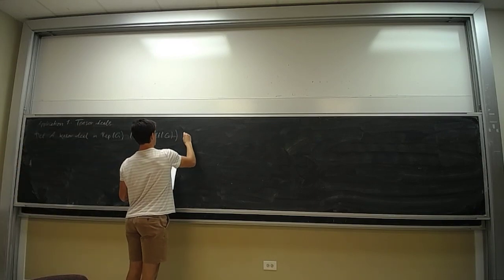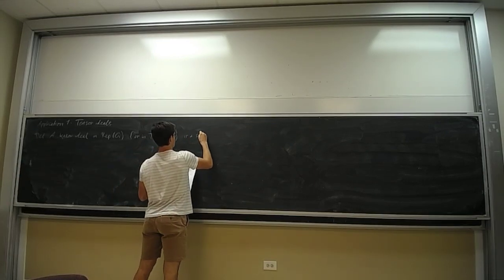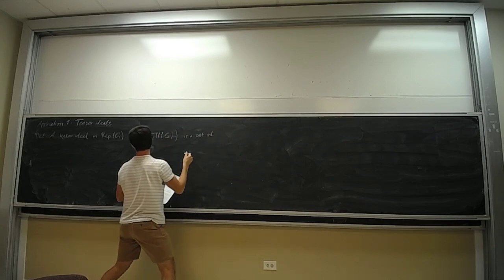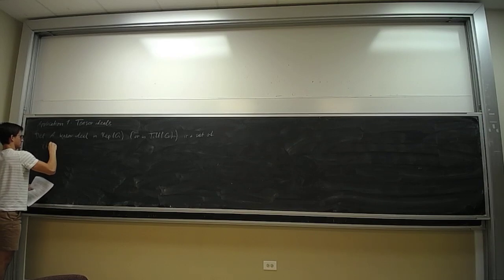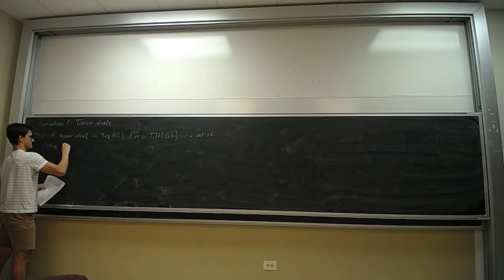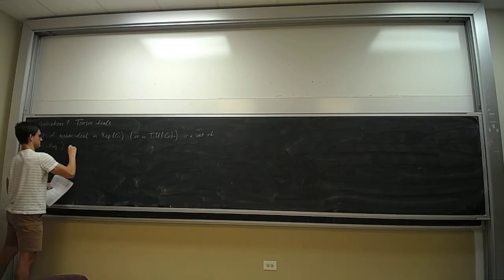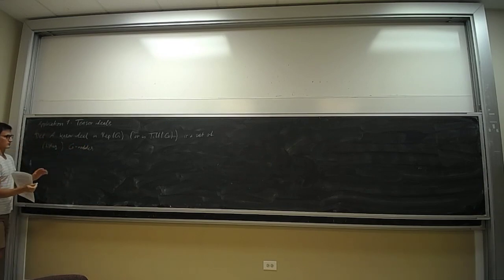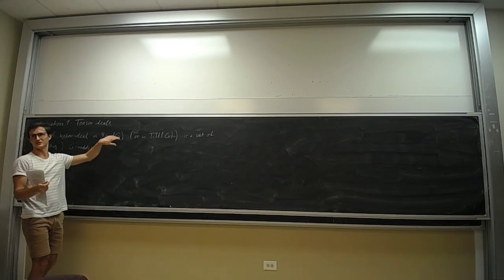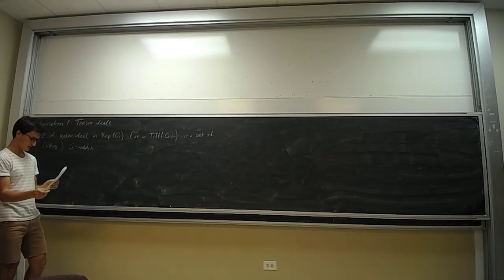So this is a set of, well, either it's a set of tilting modules, or it's just a set of arbitrary modules, depending on whether or not you want a tensor ideal in all representations or in tilting modules, okay?